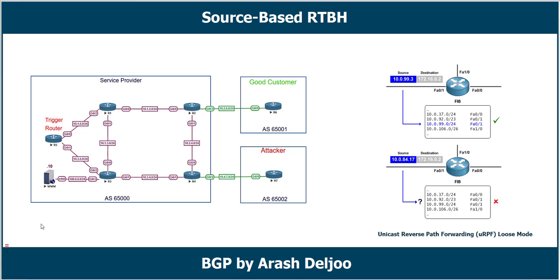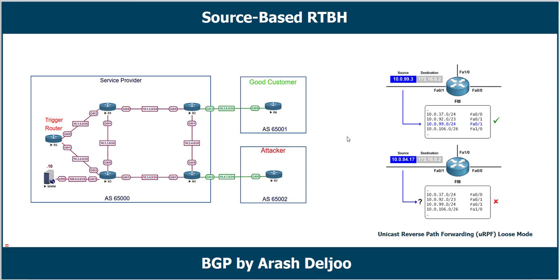But here, if you use destination-based RTBH, the traffic of the good customer will also be removed, and it is not a good choice to drop the traffic received from all customers. We want to drop the traffic received only from an attacker. How can we implement this feature?